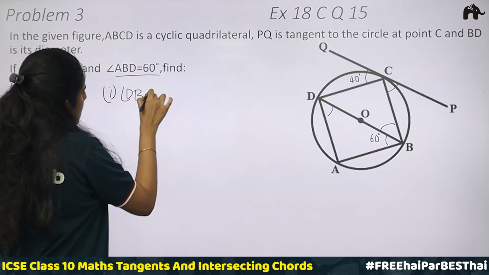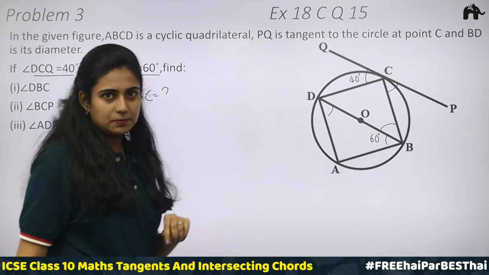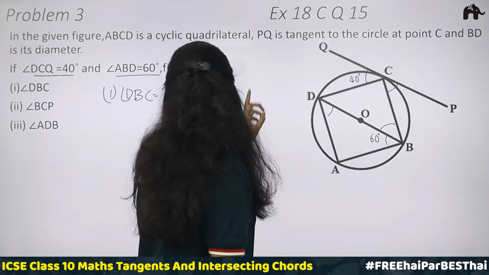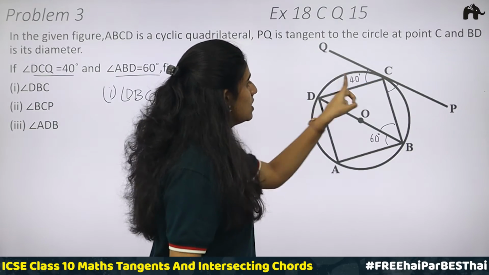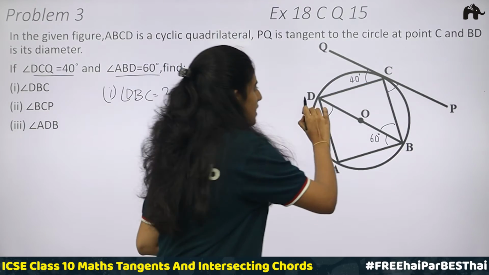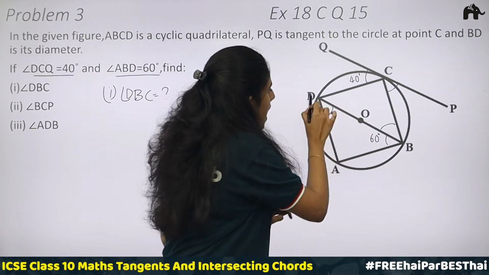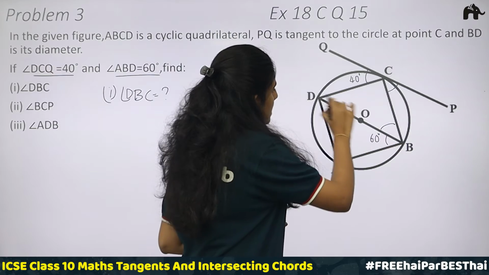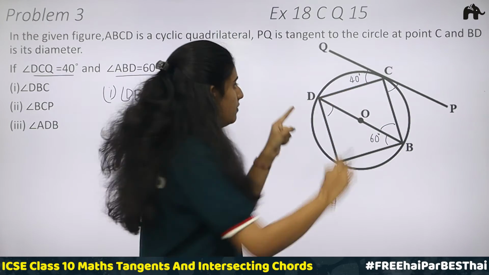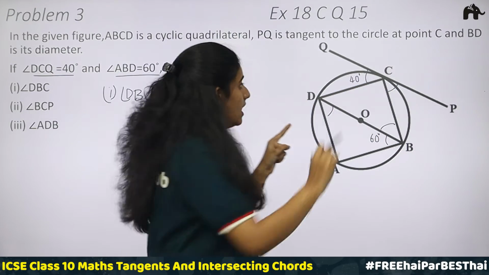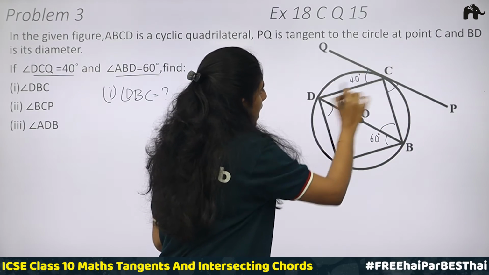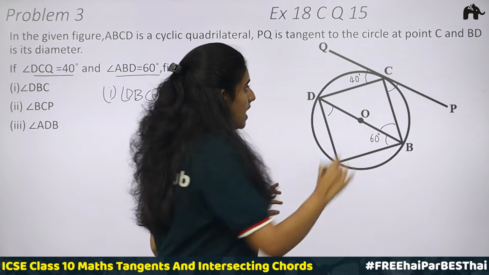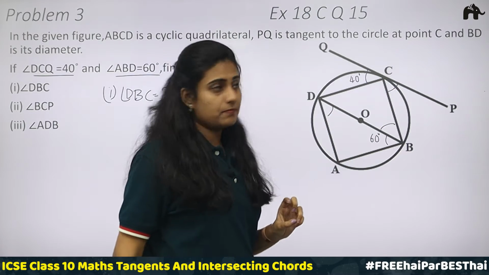Angle DBC. How to find DBC? It is given that angle DCQ is equal to 40 degrees. Is there any relation between this DCQ and DBC? When you consider the chord DC, tangent PQ and DC makes an angle of 40 degrees at this point of contact.